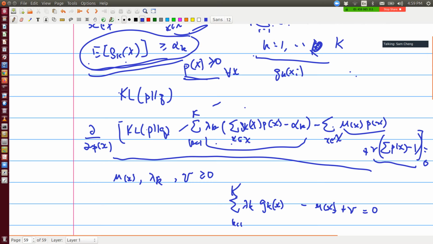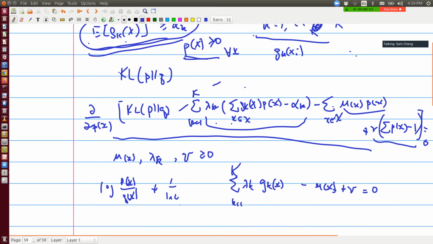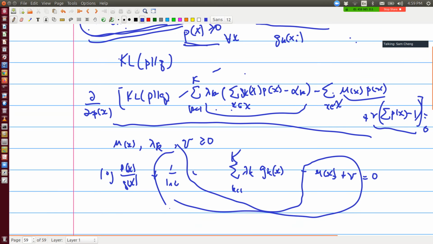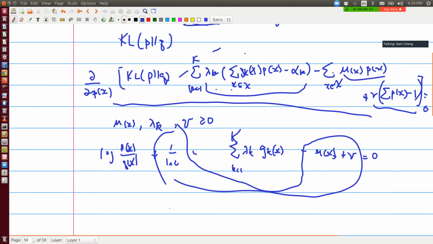And the KL divergence term, if you take the derivative, gives you log of P(x) over Q(x) plus 1 over log 2. So basically these are all just constants, constant in terms of the log.